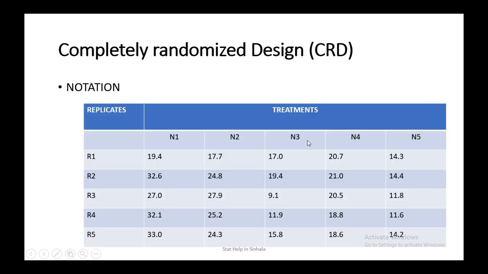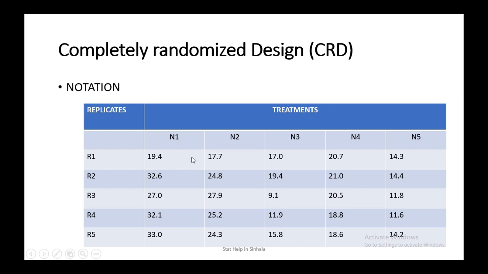Now we can go for ANOVA analysis. Before going to the ANOVA analysis, I think it is better to understand the notation in the ANOVA table. In the previous example we used 5 nitrogen fertilizers: N1, N2, N3, N4 and N5.